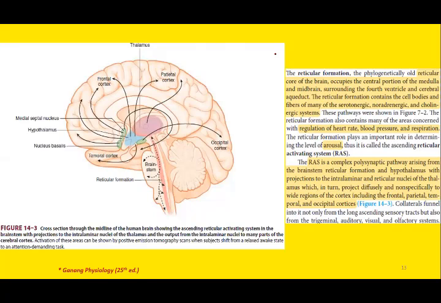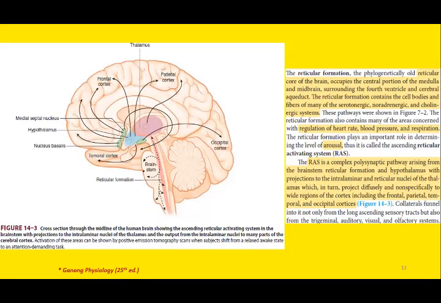And these structures are mostly located within the brainstem, the medulla oblongata, as well as the pons. So this is the brainstem region plus the fourth ventricle region and the cerebral aqueduct area. They are also involved. So these are known as the reticular formation.